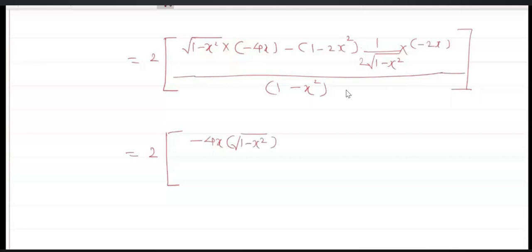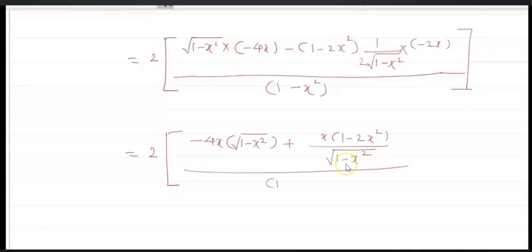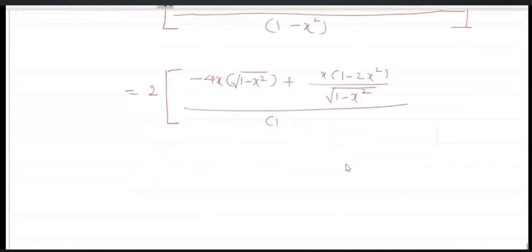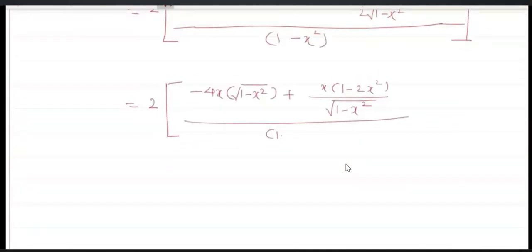That is minus 4x root of 1 minus x square plus 2x into (1 minus 2x square). After simplifying, you will get x into (1 minus 2x square) upon root of 1 minus x square, upon 1 minus x square.